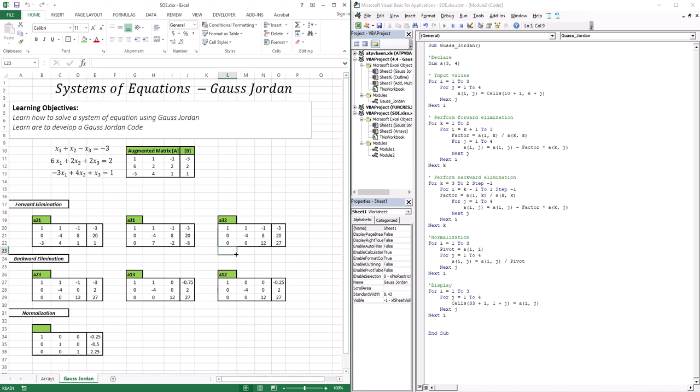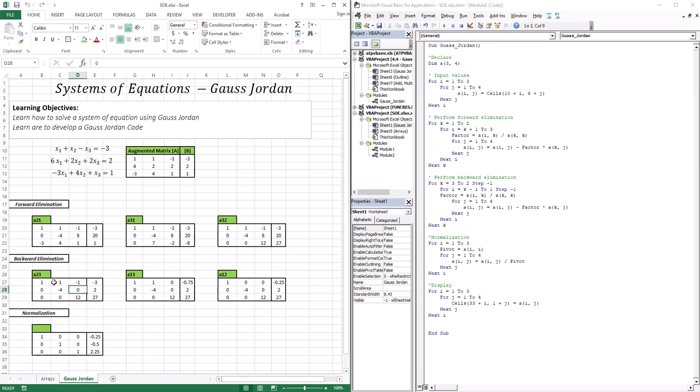Now with Gauss-Jordan, instead of going to backward substitution as with Gauss elimination, we go through something called backward elimination, which is similar to forward elimination, but instead of creating the bottom three zeros, we're creating the top three zeros.